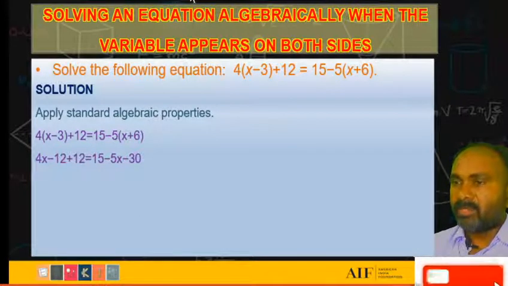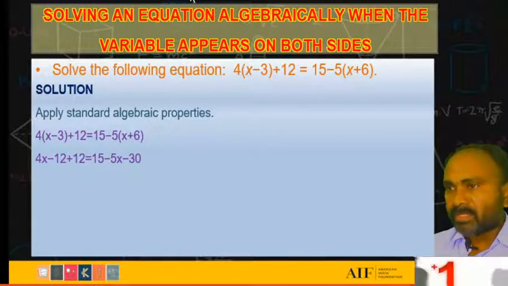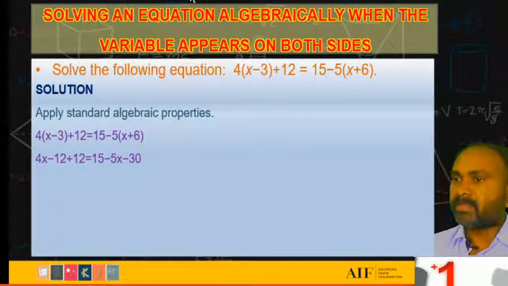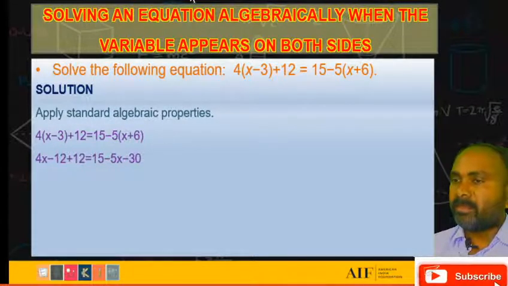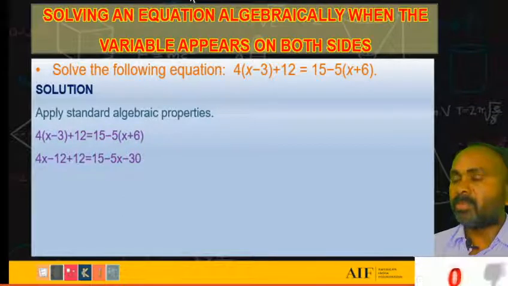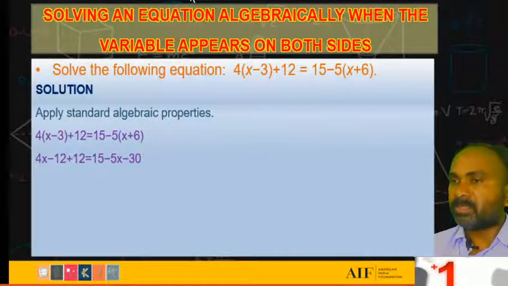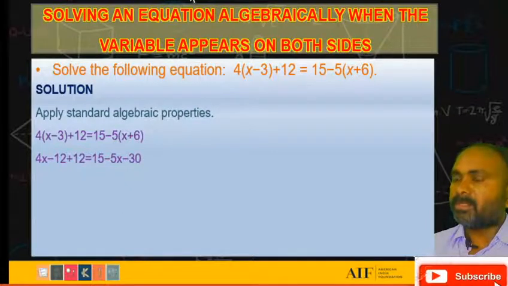On the RHS, 15 minus 5 of x plus 6: 5 into x is 5x, and minus 5 into 6 is minus 30. We should multiply using the distributive property with the signs. First you should multiply the signs, and then the variables and constants.